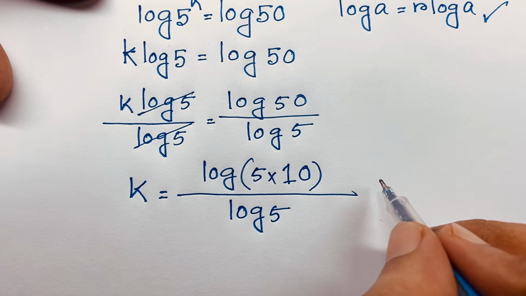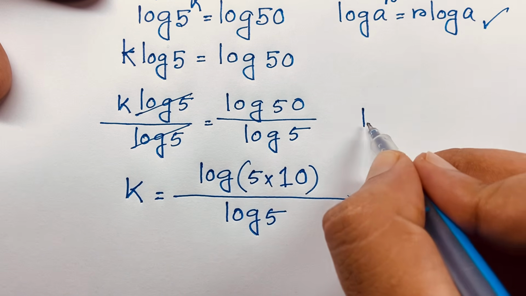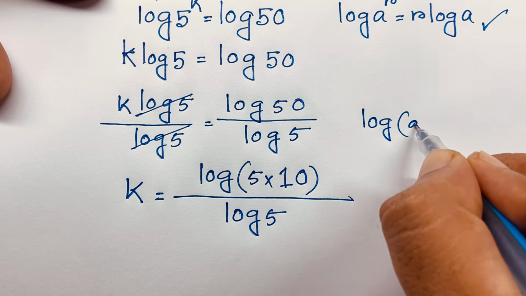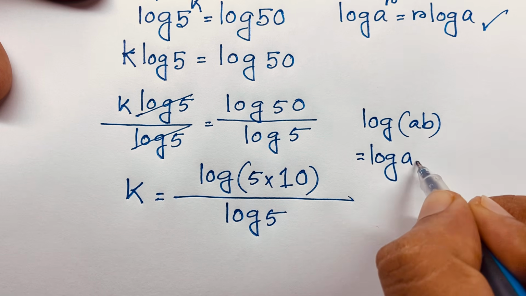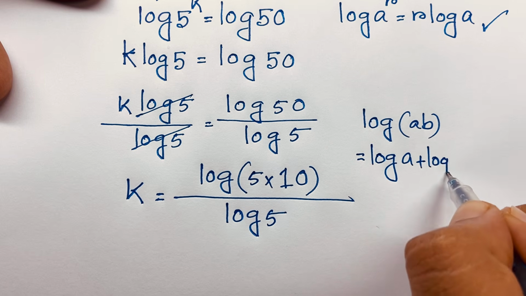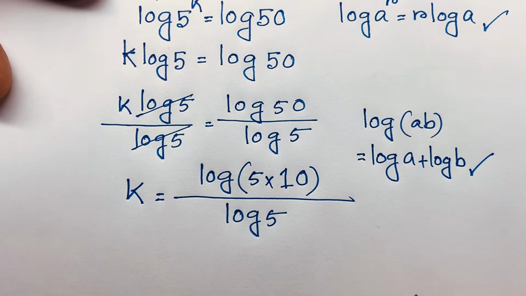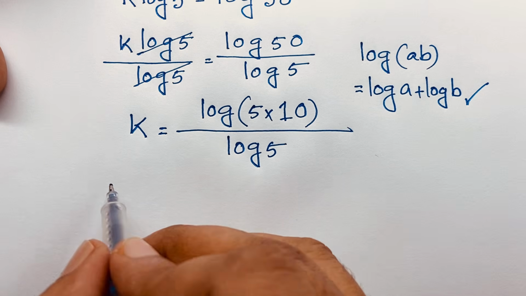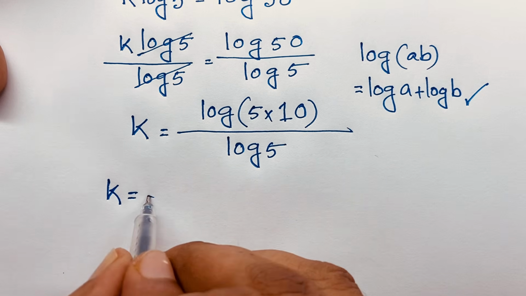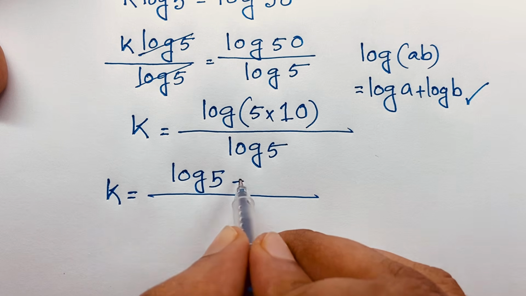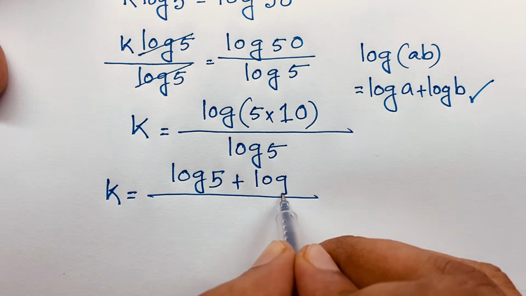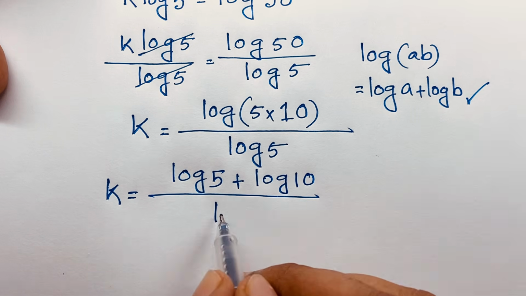Now at this moment you know, and I know, that log ab is log a plus log b. I apply this formula here, so it will be k is equal to (log 5 plus log 10) over log 5.